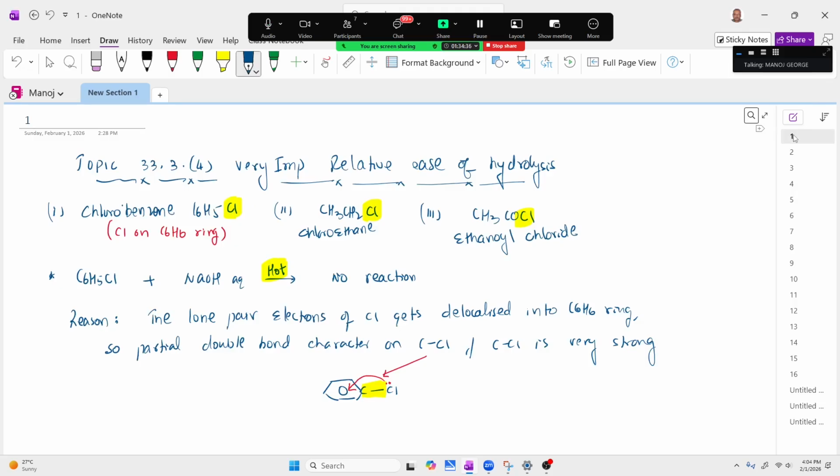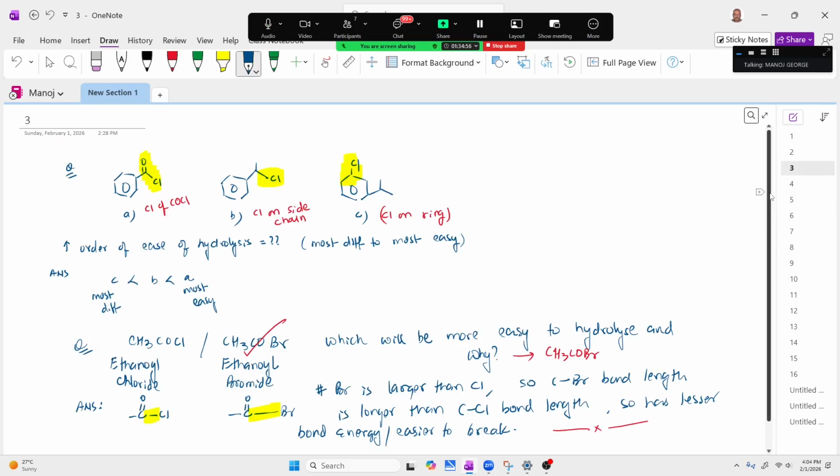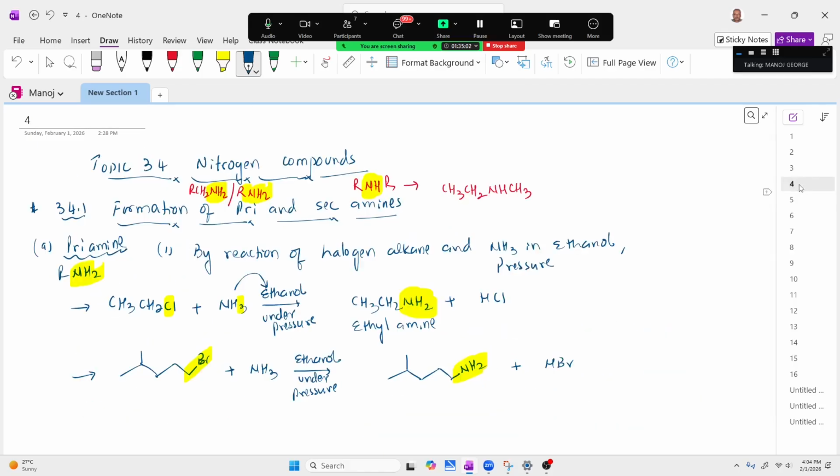We started the session with hydrolysis. We understood the Cl on the ring cannot go because the C-Cl bond is very strong. The Cl on the side chain can go with hot NaOH, but the Cl of the acyl chloride goes very easily, because the C-Cl bond is very weak. We did some practice questions on ease of hydrolysis.